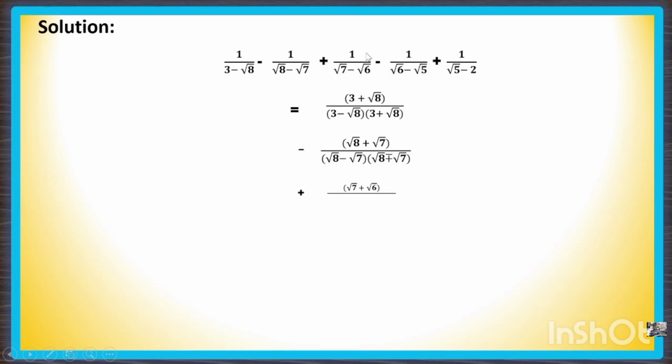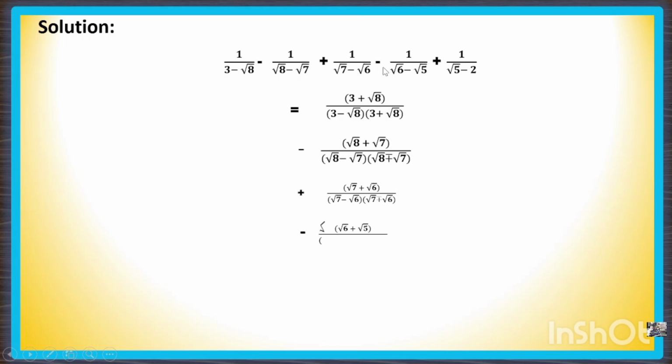Similarly, in the third term we write 1 divided by root 7 minus root 6, and the rationalizing factor is root 7 plus root 6. We shall get plus root 7 plus root 6 divided by root 7 minus root 6 whole into root 7 plus root 6.